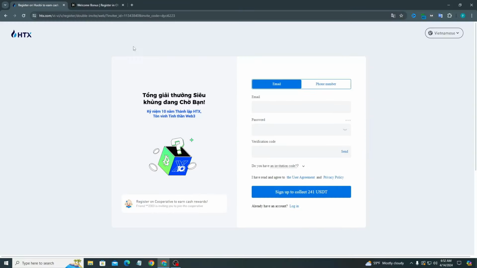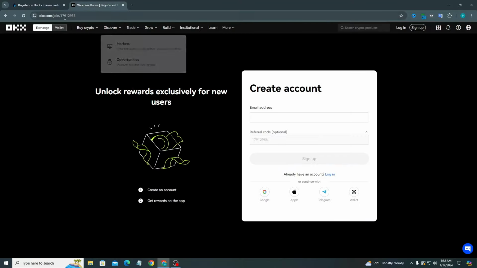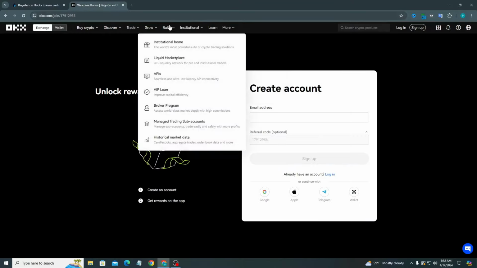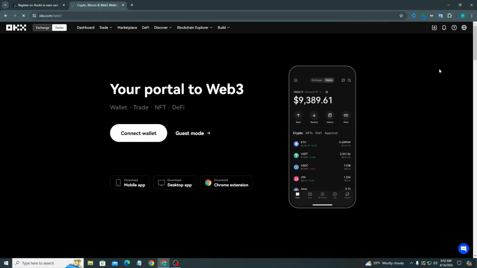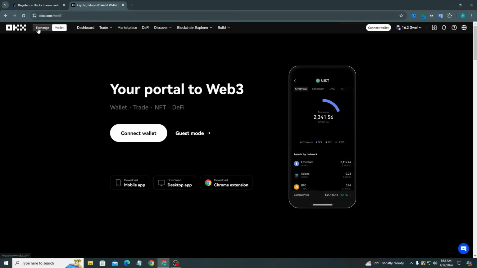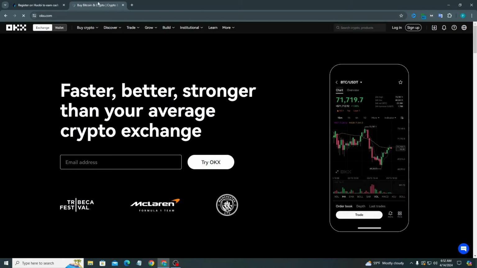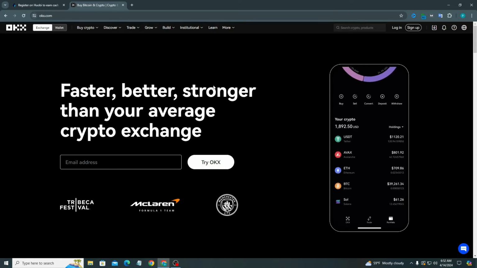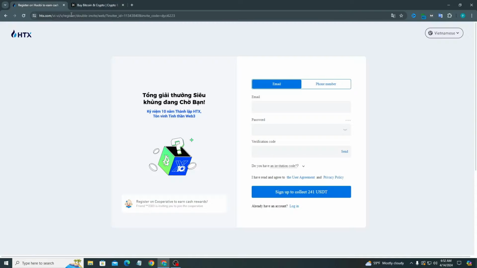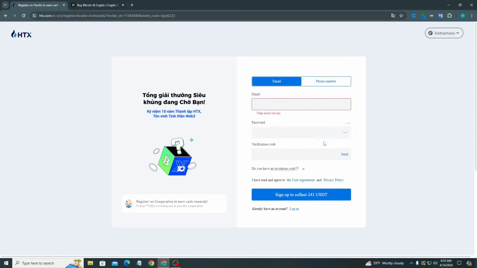Coming towards the strengths and weaknesses, let's get started. I have seen the nav bar and all the features that are there in the OKX platform, but I have not seen all these things in HTX. When a user first enters your website, you need to show something that attracts people.